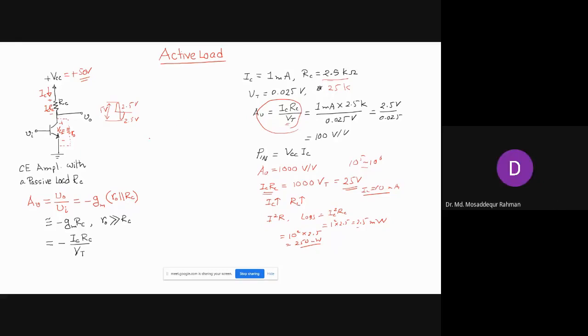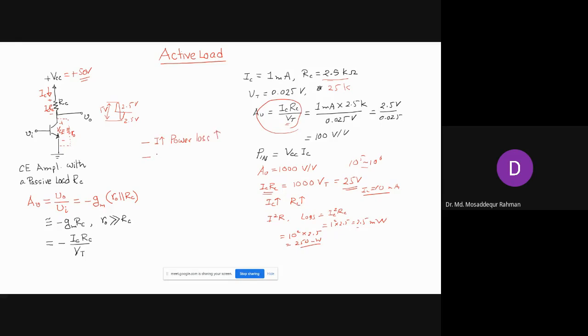Yes, sir. So these are the different issues that we have with the passive load: if you increase the current, the power loss will increase.